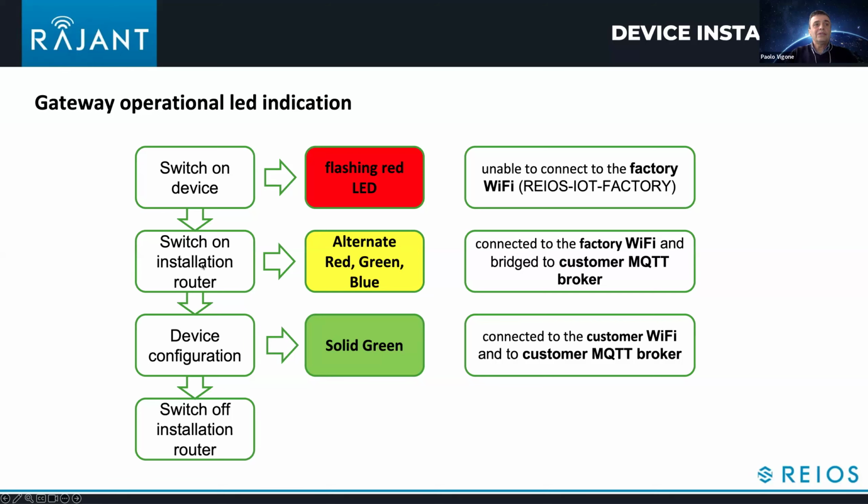To go on, when we switch on the installation router, the device recognizes the factory Wi-Fi that the installation router provides, and so, also with the DNS on the installation router, it is able to go to the customer MQTT broker.